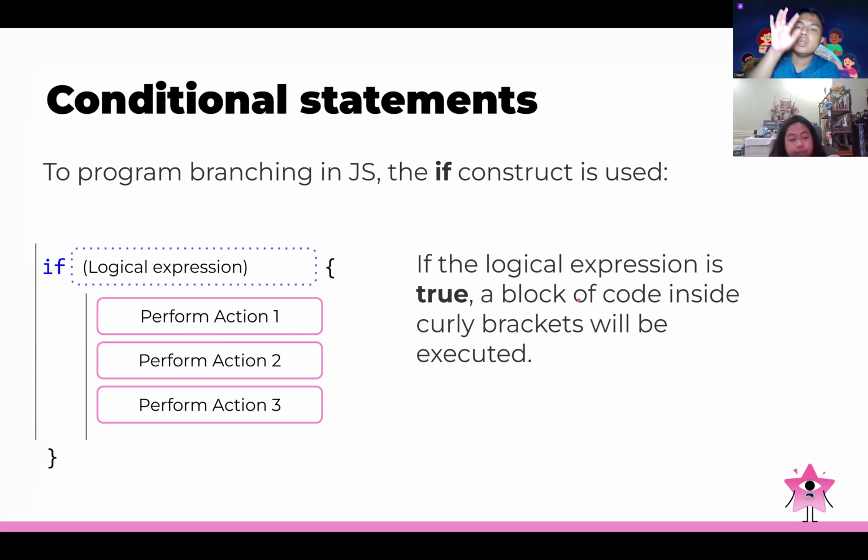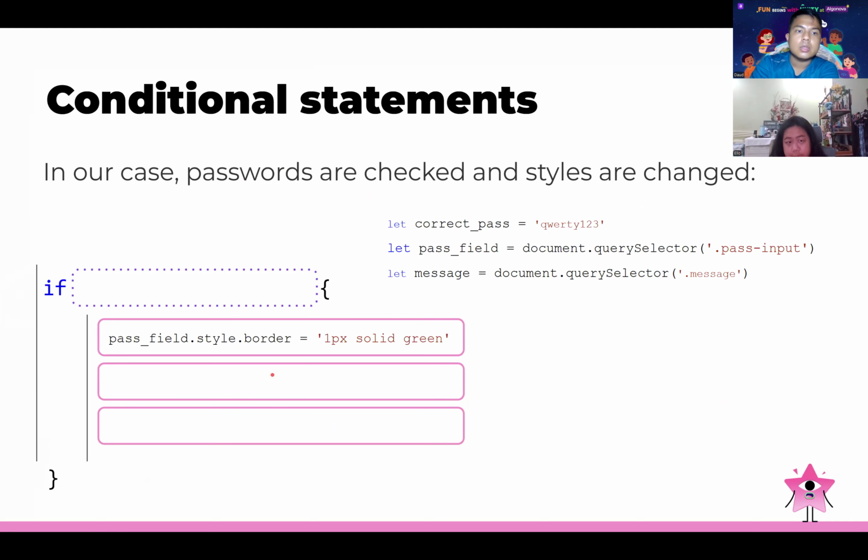Now, you already know about the true and false conditions. The next one is if you want to make the next actions when the condition is true, you put them in the if operator.